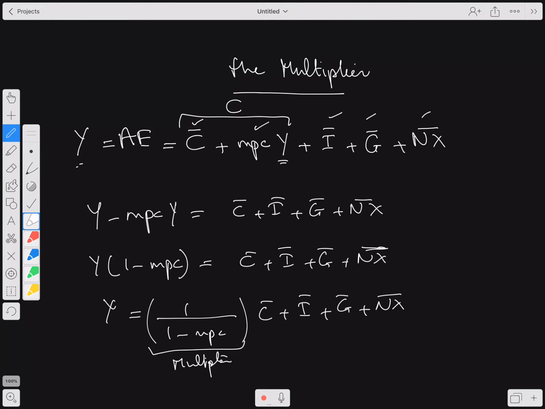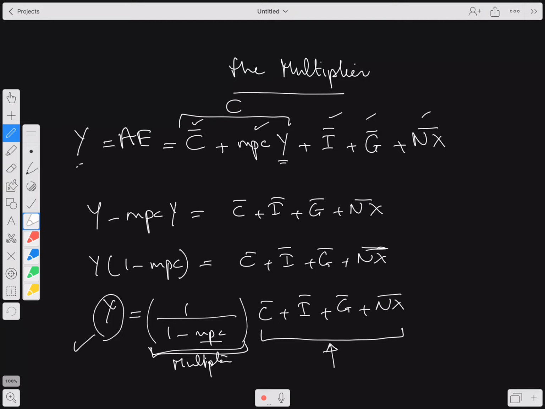So anytime I have a change in any of these autonomous spending would be reflected in y, right? But any change here, or any dollar change here, or any yuan unit change in any of these components would have to be multiplied times 1 over 1 minus MPC to get the change in y.